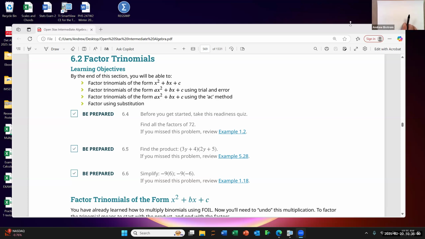But I will say, having graded the exams, what are some of the biggest issues that came up? Negative times a negative is. So the formula that we're going to be dealing with.